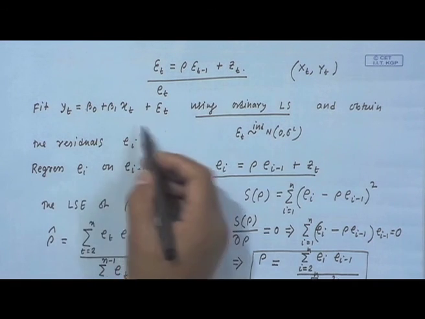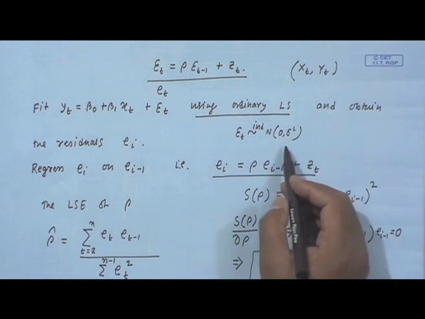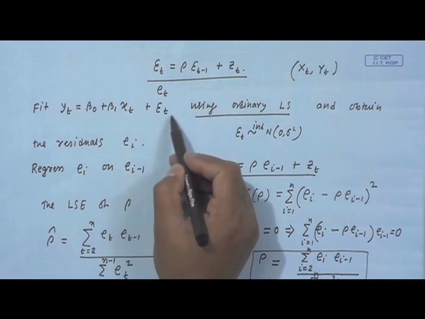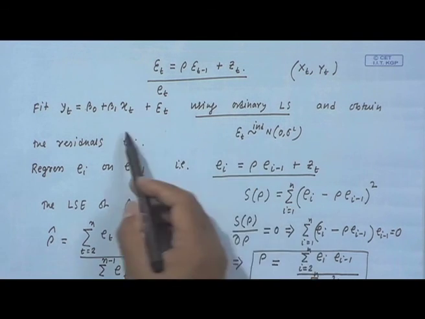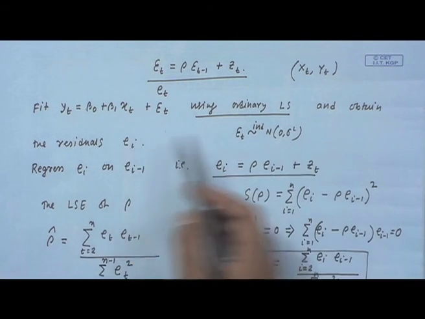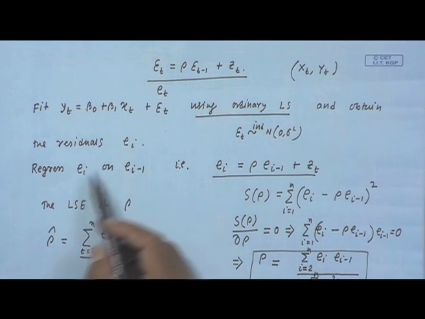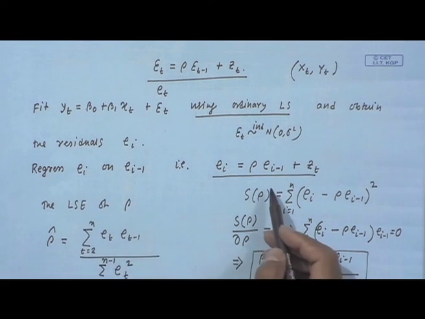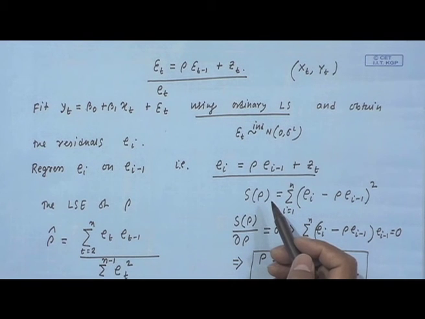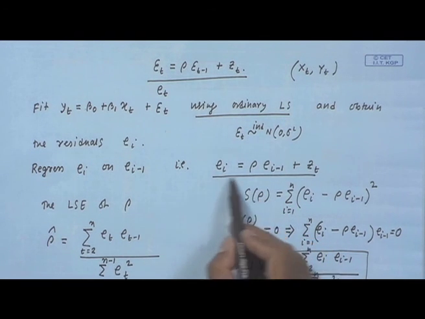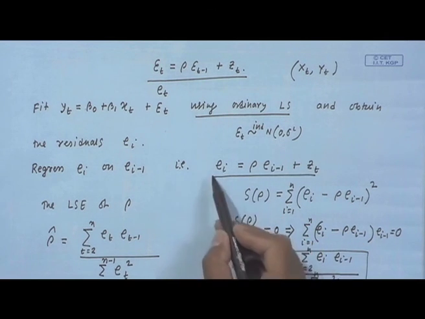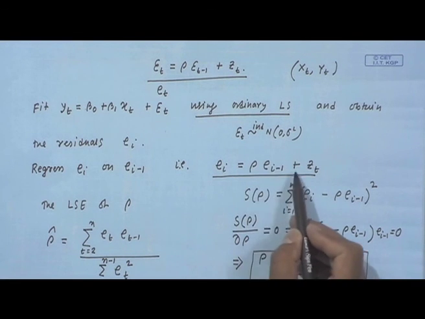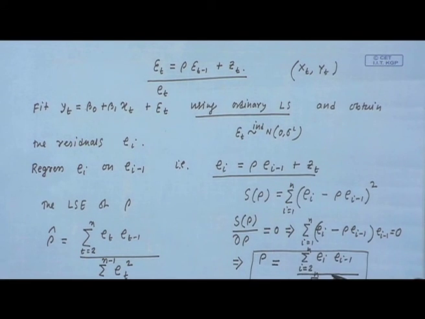So you fit the model using the ordinary least square technique, ignoring the fact that the assumption is not true here, and you will get the residuals e i's, and then you regress e i on e i minus 1, right, and you fit this model, that is e i is equal to rho e i minus 1 plus z t, and the least square estimate of rho is this one.